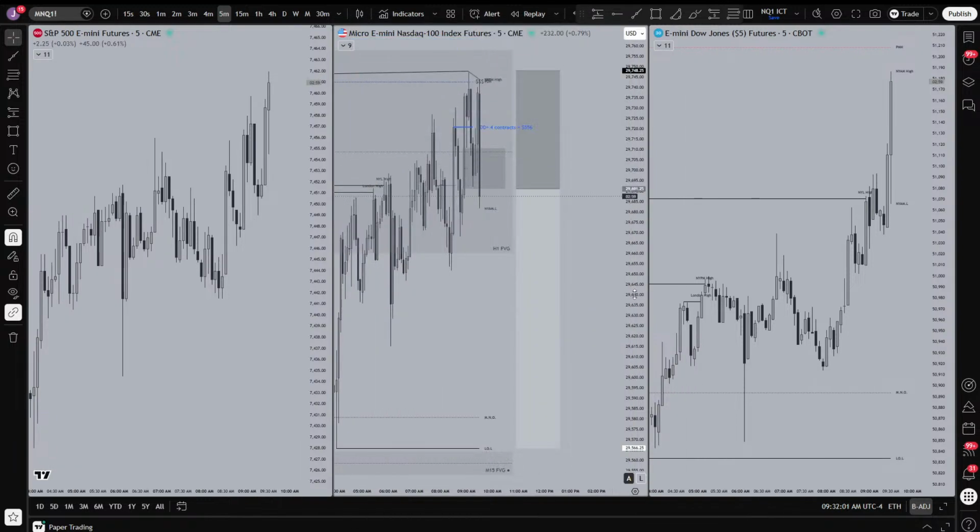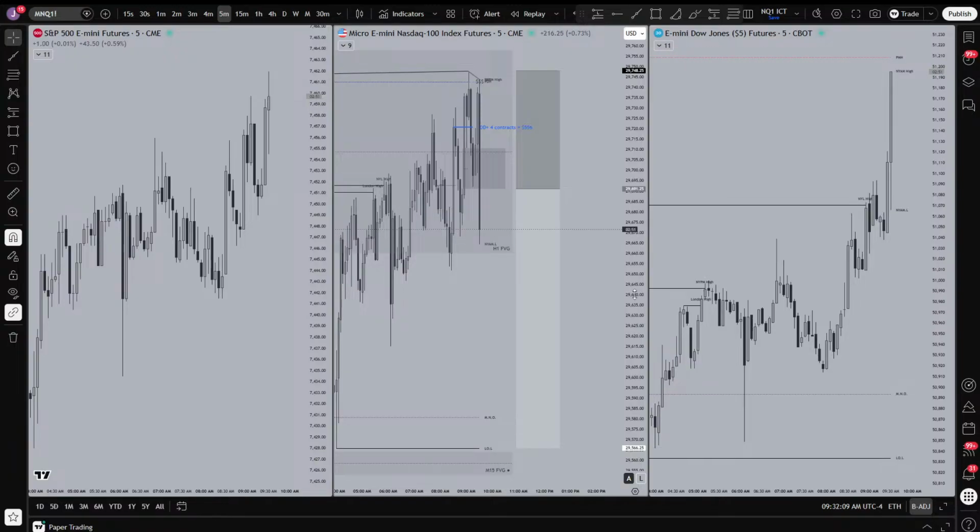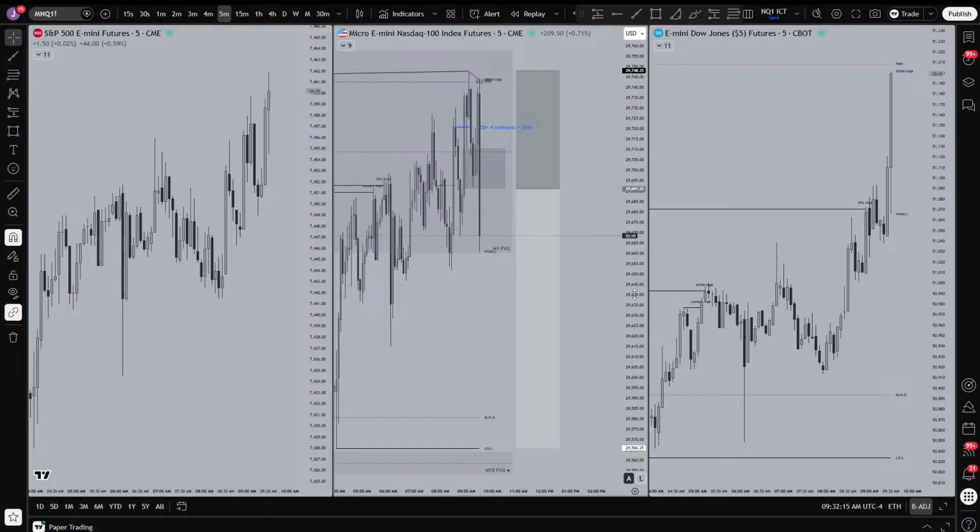I want to see ES start to correlate with this though. I agree. That's extremely weird. ES is inversing its 5 minute. It's pretty odd right here.